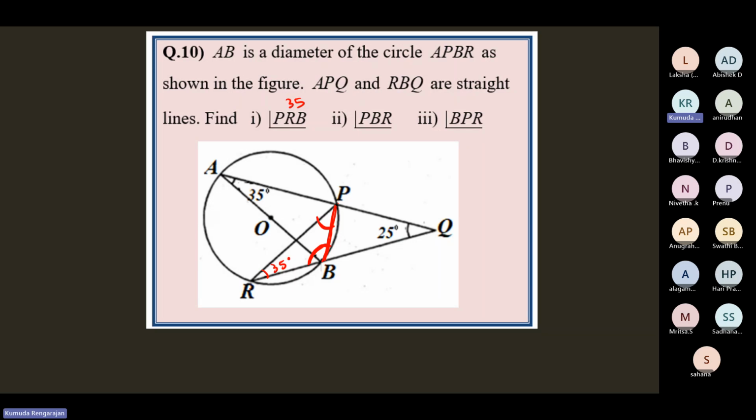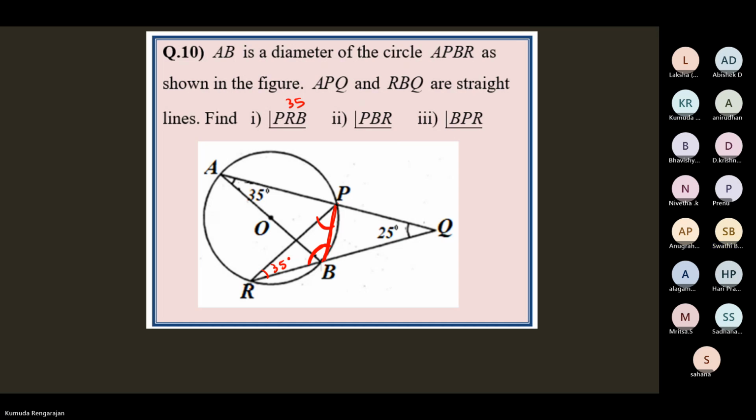Name the diameter. AB is the diameter. Now, are the ends of the diameter joined to any point on the circumference of the circle?